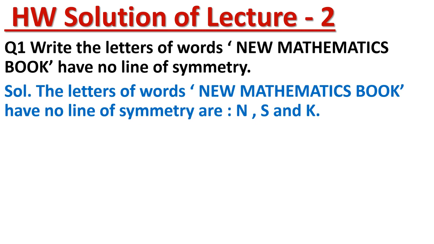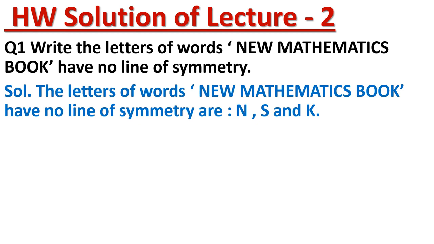Now see, letters N, S and K have no line of symmetry, otherwise every letter has either one or two lines of symmetry.